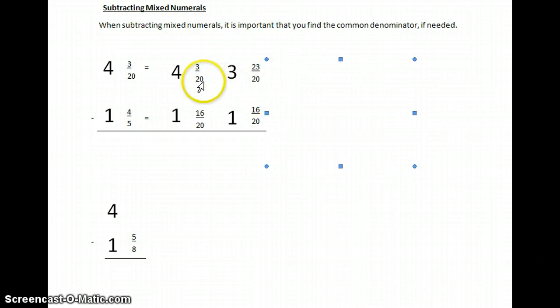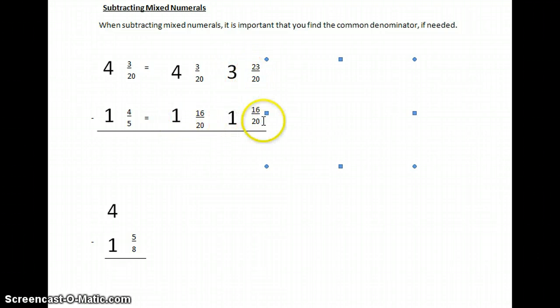What I actually did is the one that I borrowed from 4 becomes 20/20, and I added it to 3/20. But a real quick way of doing it is 1 less than the whole number becomes 3. Add the old numerator and denominator, 23, and then bring the 20 across.